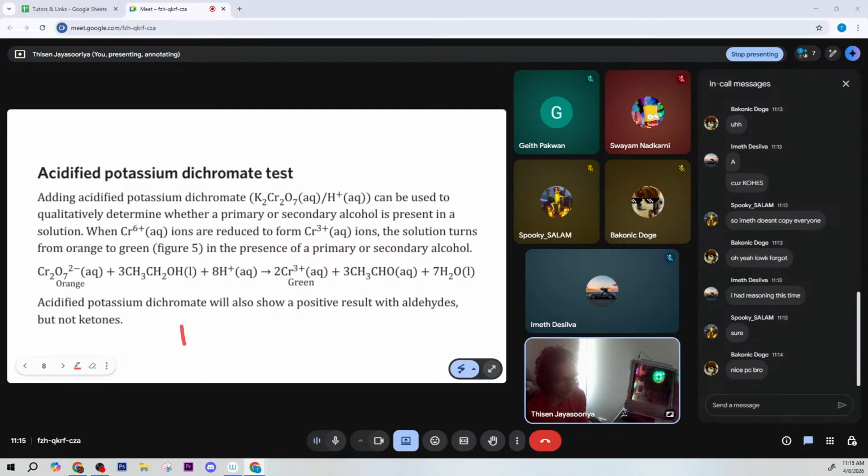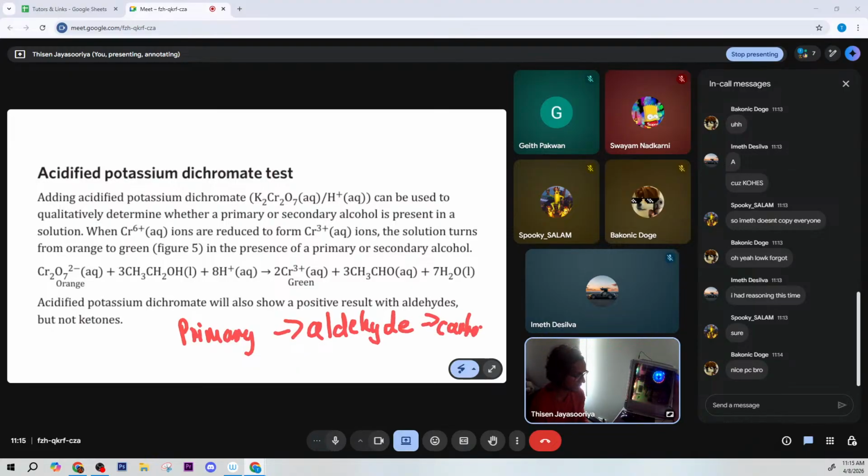A primary alcohol will be oxidized into an aldehyde, and if we oxidize it further, into a carboxylic acid. Sometimes they'll completely skip the aldehyde and go straight to the carboxylic acid. That's the oxidation of a primary alcohol. With a secondary, it goes to a ketone and can't be oxidized further, and tertiaries don't oxidize at all.